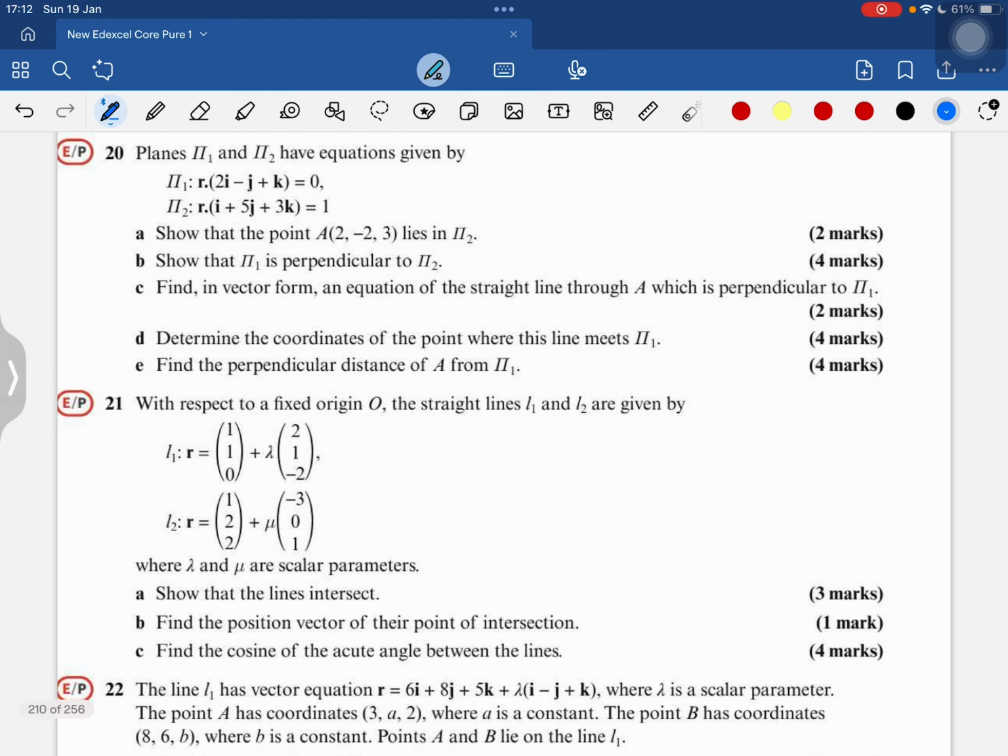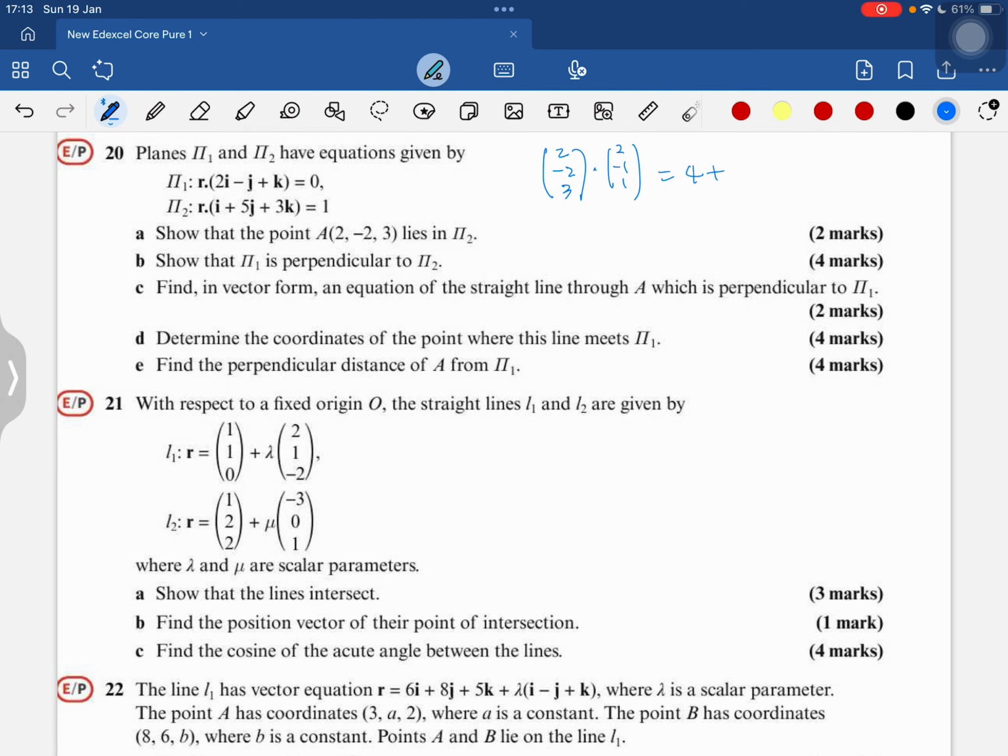And number 20. Pi 1 and pi 2 have equations, and the position vector lies in pi 2. Okay, 2, negative 2, 3 dot 2, negative 1, 1. It should be 0 to prove this point is in pi 2.